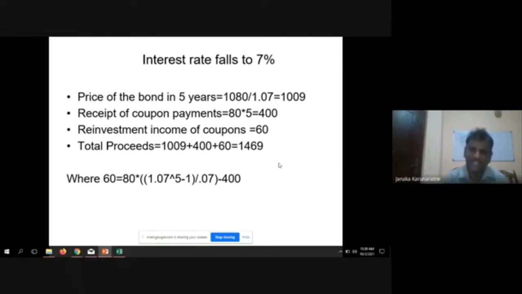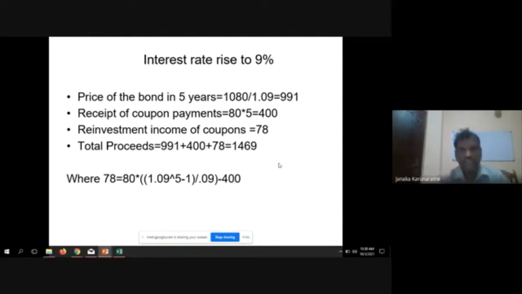So let's say interest rate rise to 9%. You can work out for anything, 10%, 15%, anything. So if the interest rate rise to 9%, what is the price of this bond in 5 years? We get your face value in 1 year's time, 1,000, and your coupon 80. Again, that won't change after 5 years. But the market yield has changed, so it's 9%.